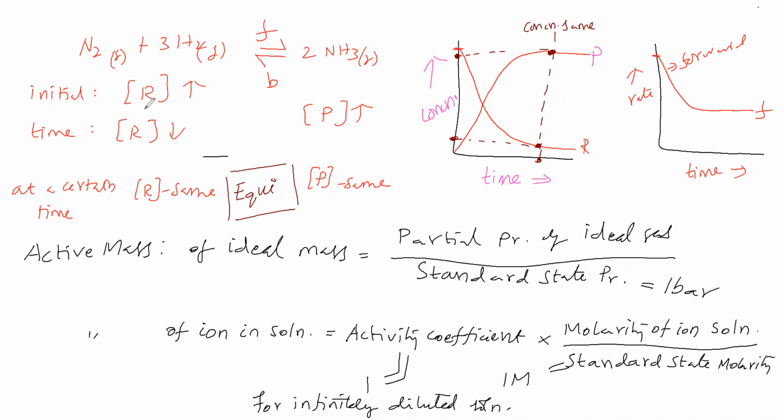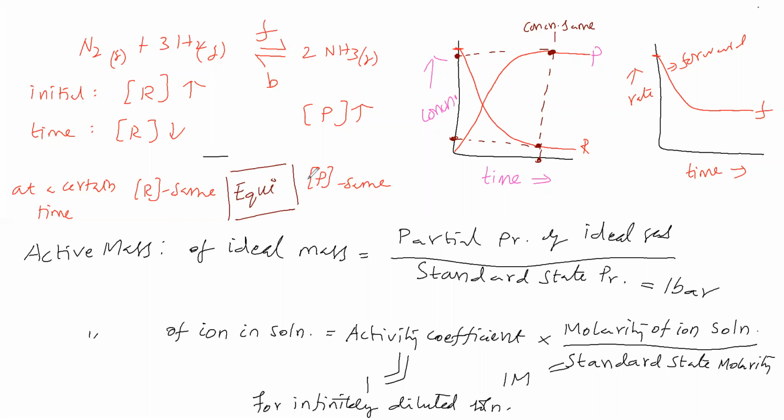As time passes, why does the rate of forward reaction decrease? Because the concentration of reactant decreases. Once equilibrium is attained, the rate of forward reaction remains constant. Why is it so? Because the concentration of reactant remains constant. That's why. So we got an idea of how the rate of forward reaction behaves.